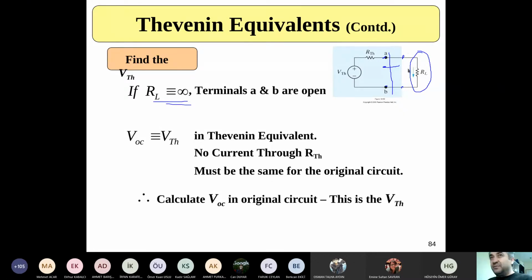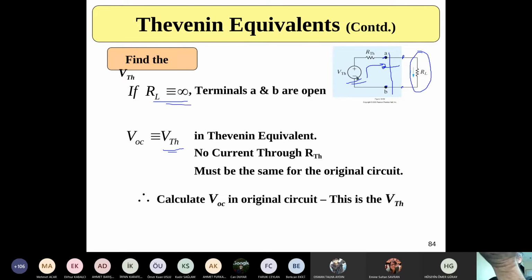If there is an open circuit in here, the voltage we read between those two terminals, A and B, will be the Thevenin voltage. Since there won't be any current passing through when RL is an open circuit, we can directly see the equivalent voltage source.